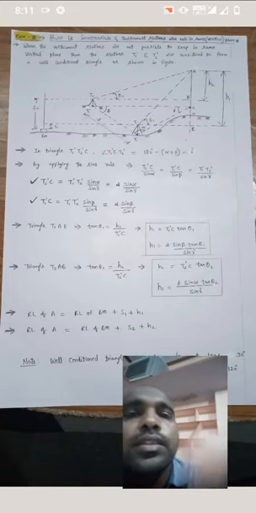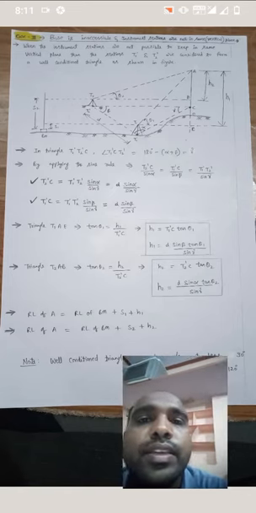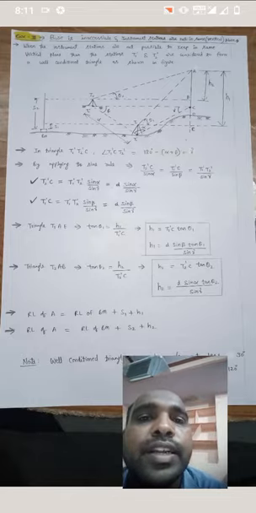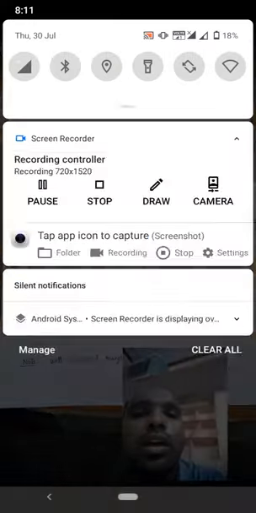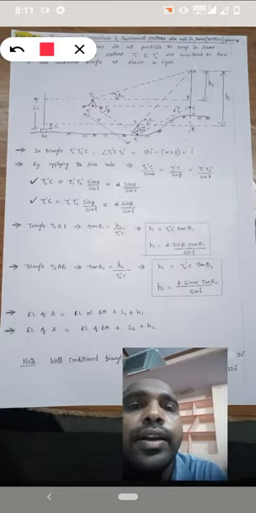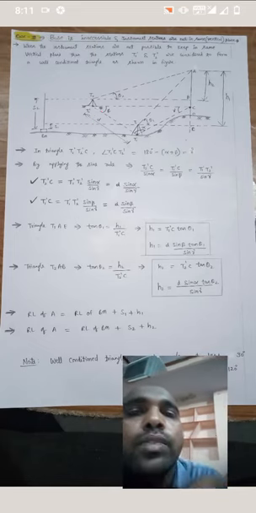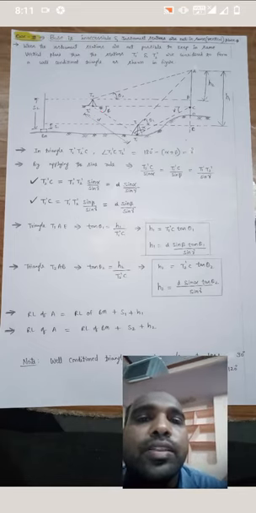In that case, when it is not possible to keep the instrument stations in the same vertical plane, then stations T1 dash and T2 dash are considered to form a well-conditioned triangle.